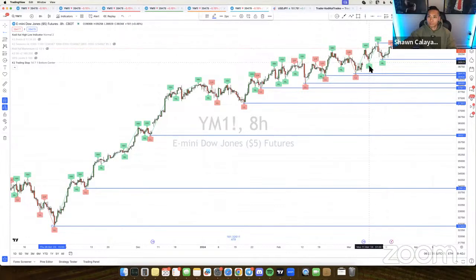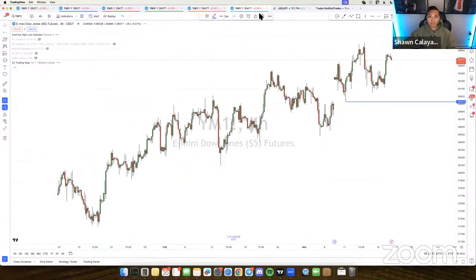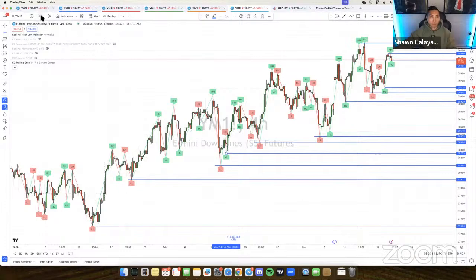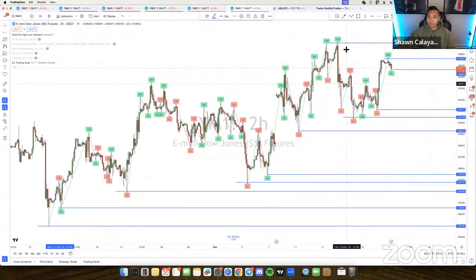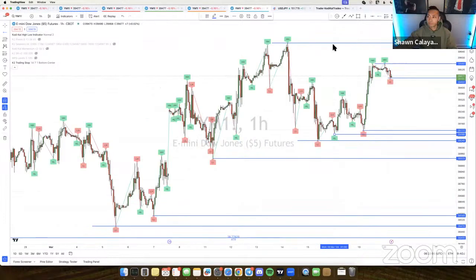Going down to the 8-hour time frame. Going down to the 4-hour time frame. Going down to the 2-hour time frame. Going down to the 1-hour time frame.